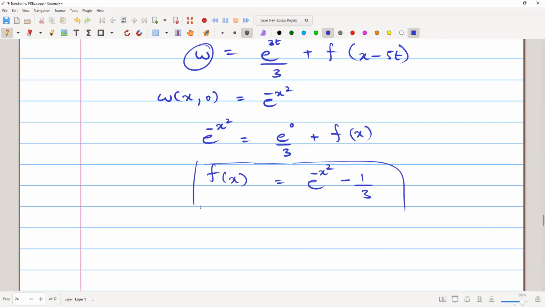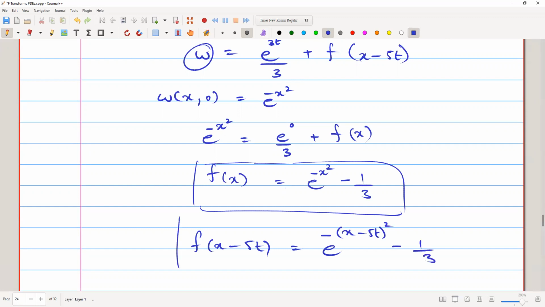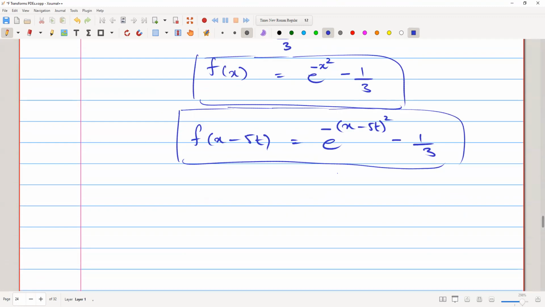Now, f of x minus 5t is nothing but just plugging in x minus 5t in place of x. Okay, so we have the value of f of x minus 5t, so we can plug it in this equation to get the desired result.